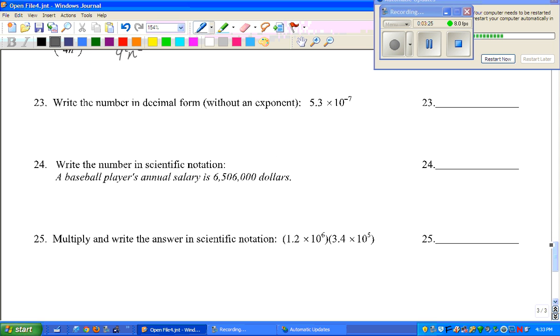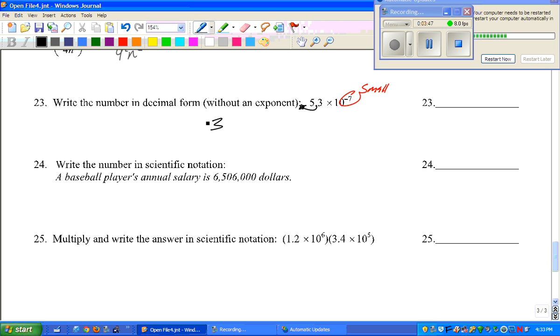Number 23, write the number in decimal form without an exponent. This is going to be a small number, okay? So what we're going to do, you start with 3, and then I'm going to move 7 to the left, okay?